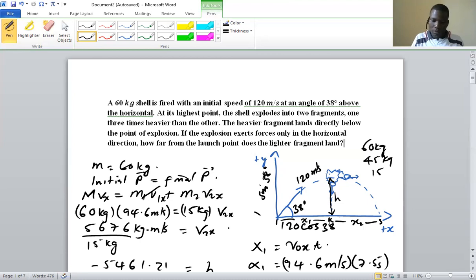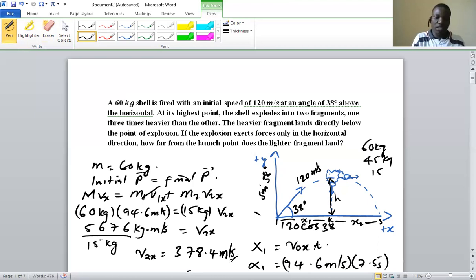Okay, so we now get the speed. So after the explosion, the speed of this lighter fragment was 378.4 meters per second. Okay, so this was the speed.